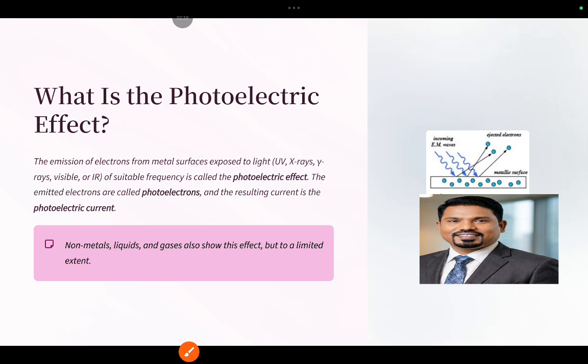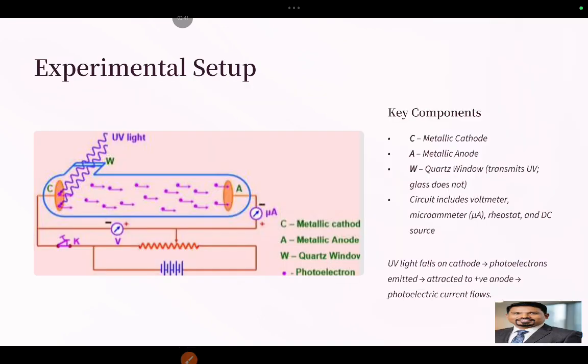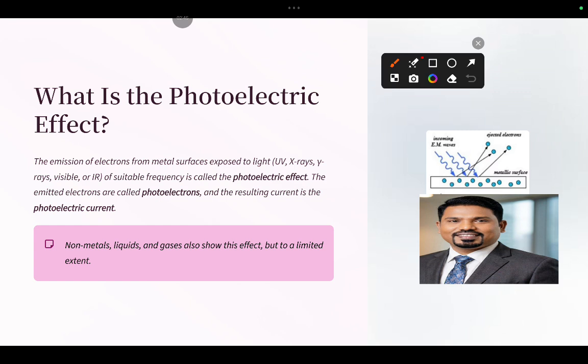In other words, it is the phenomenon in which electrons are emitted from a metal surface when light of suitable frequency falls on it. These are called photoelectrons, the current generated is photoelectric current, and this effect we call the photoelectric effect.